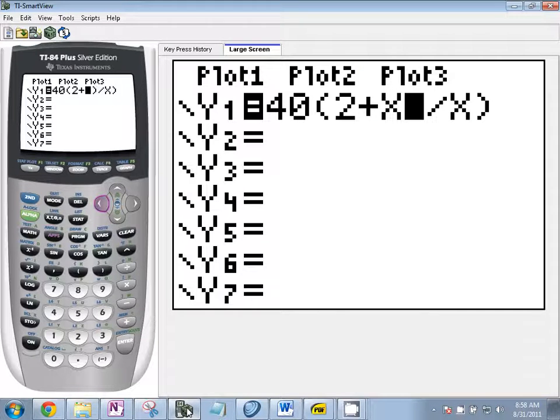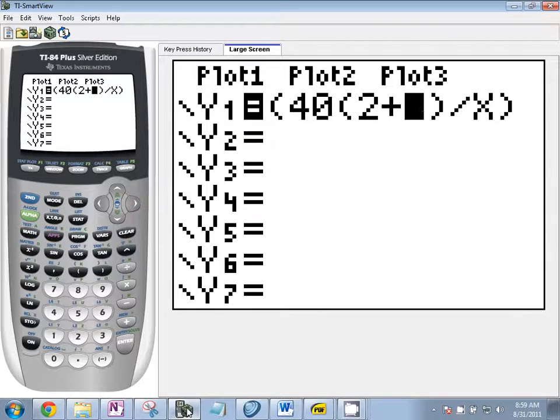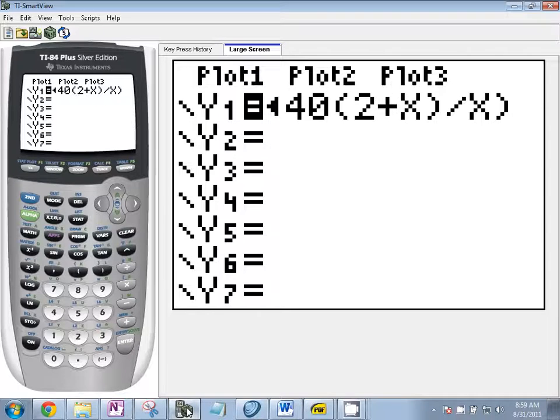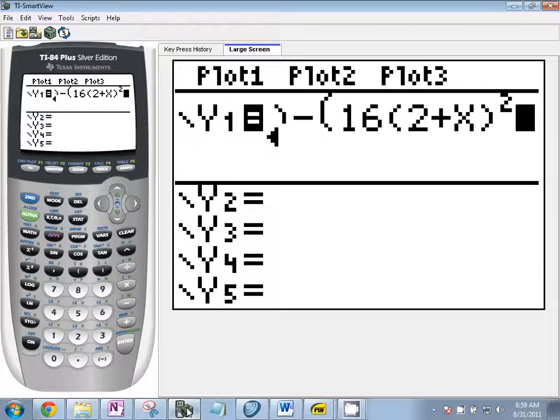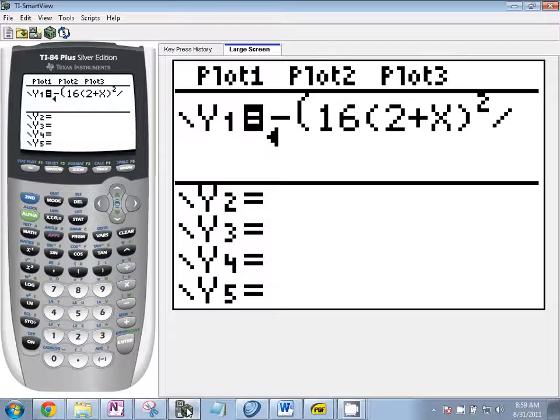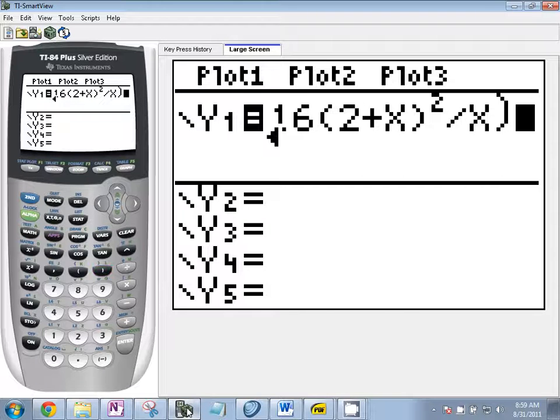Technically, you would think no. But the calculator is really kind of weird about parentheses. What am I subtracting? 16 times 2 plus x squared, and then dividing by x. And then the last one, minus 16 divided by x.